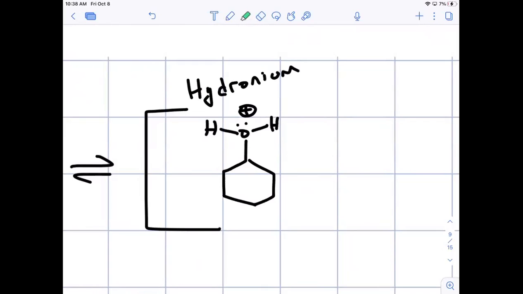When you see that suffix IUM, that's normally indicative of a cation, something with a positive charge. If you see the suffix IDE, that's normally indicative of something that has a negative charge. All right, so this is a hydronium ion. And that is going to lose water, right?